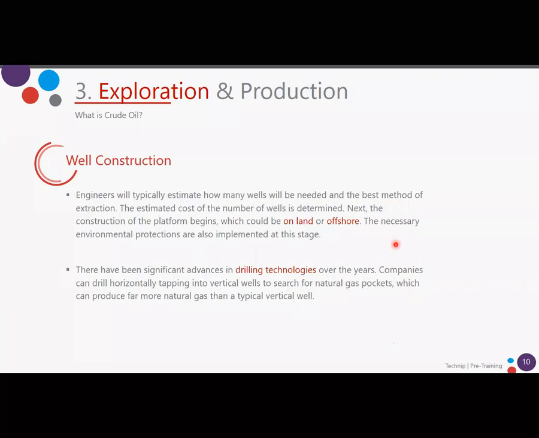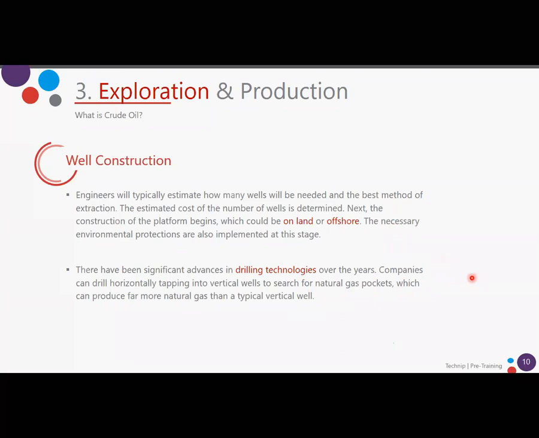Of course, through all these years, there have been significant advances in drilling technologies. Companies can also drill horizontally, tapping into vertical wells to search for natural gas pockets, which can produce more natural gas than a typical vertical well. Although very useful, this horizontal drilling is about 3 times more expensive than vertical drilling.